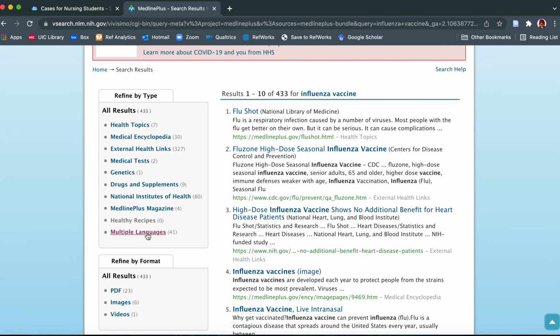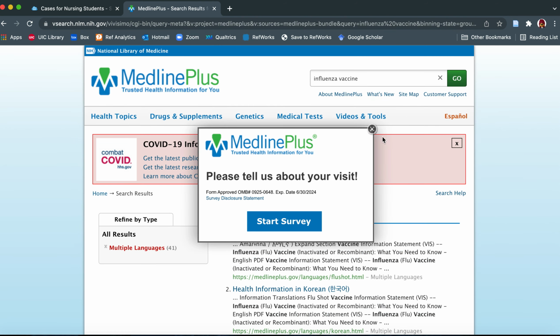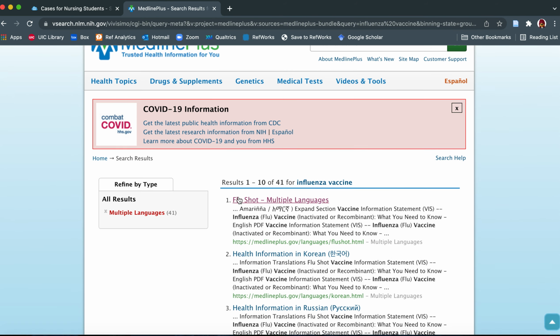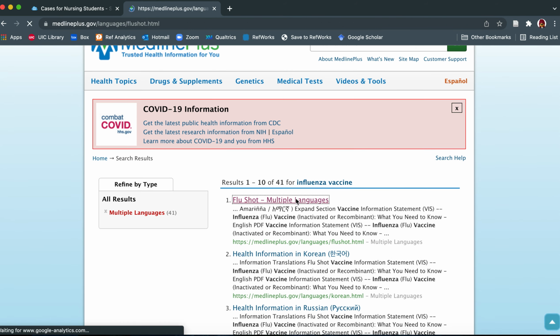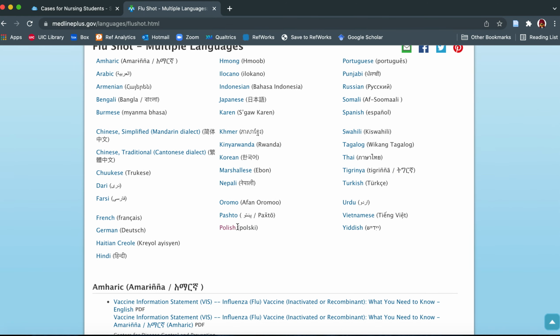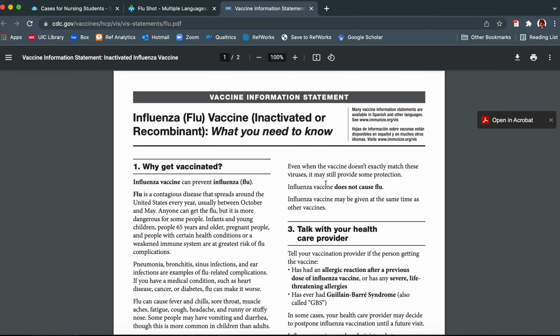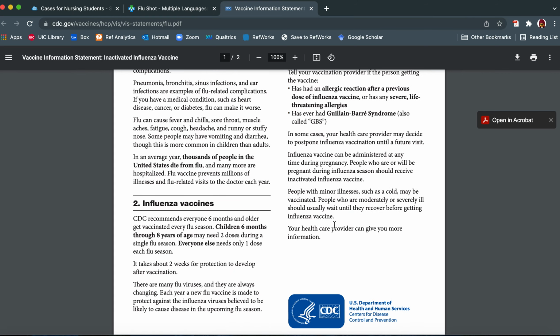And I'm going to scroll down to multiple languages. So flu shot, multiple languages. Okay, and I can scroll over to Polish. And here I can get a PDF of the flu sheet that everybody gets when they get a flu shot.